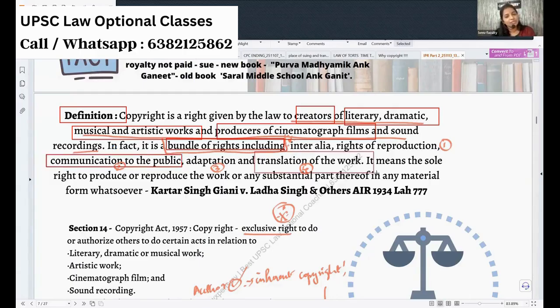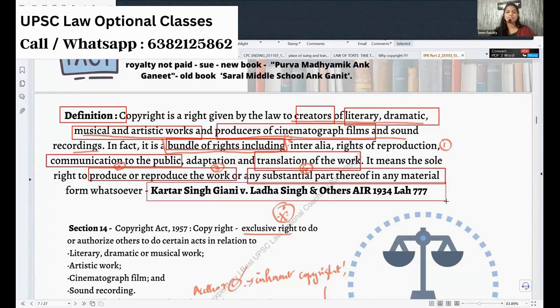And translation of the work is nothing but dubbing of films, or a book like Wings of Fire being translated into every Indian language, that is also okay. Now it means the sole right to reproduce the work or any substantial part or material part of the work. So all these three points will define what is copyright as per this landmark case law.